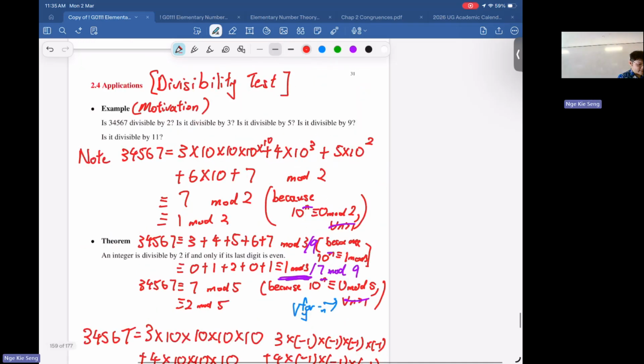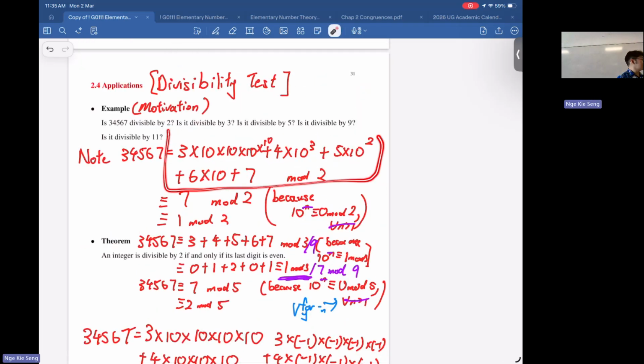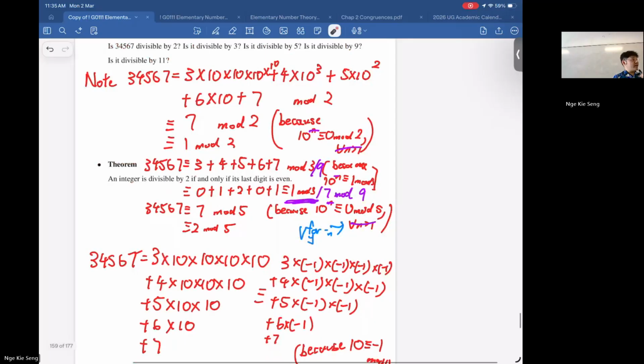The key point here, a very key point, is how to split out your number as a sum of hundreds, thousands, 10,000s, that is, powers of 10, and then interpret how this reacts under different moduli. Make sense?